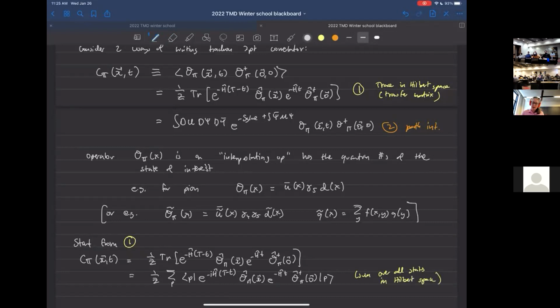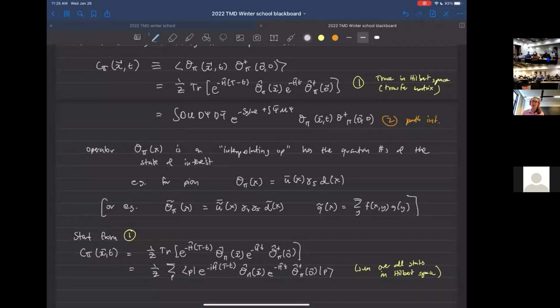Okay, and now we have this thing looking again like a matrix element here. We can think about inserting a complete set of states in here, for example. Inserting that complete set of states will give us something useful, right?